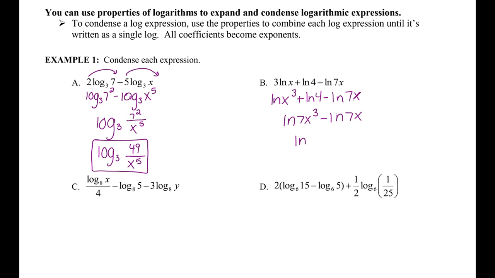Then the quotient property is going to change this to be, this should be a 4x cubed, 4x cubed over 7x, and then because there's an x in both the numerator and the denominator, the x in the denominator cancels out with an x in the numerator, leaving me with 4x squared over 7 as a final answer.